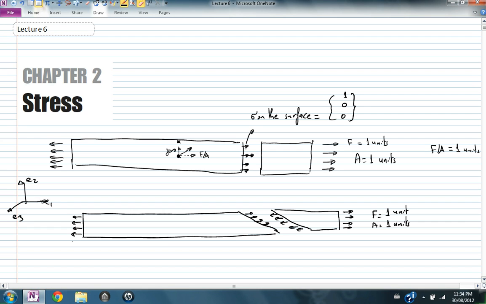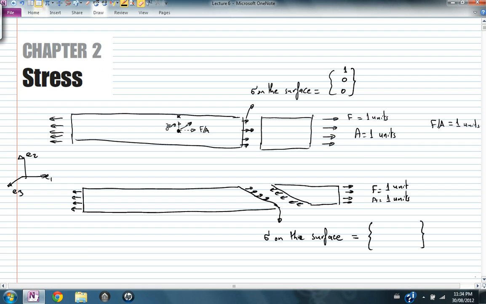And now the stress on this plane is equal to, and let's say this angle is 45 degrees.